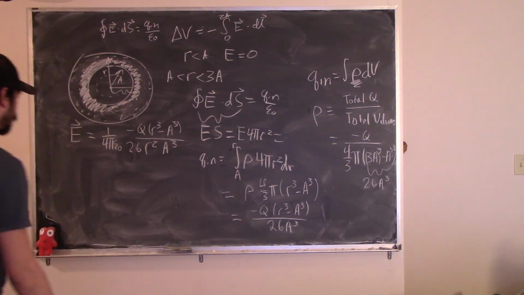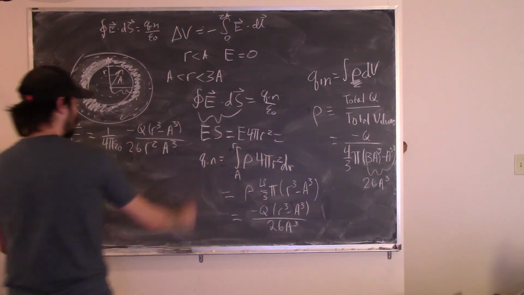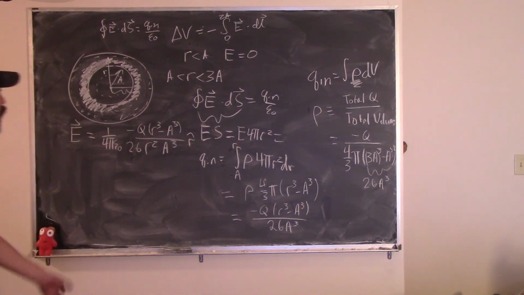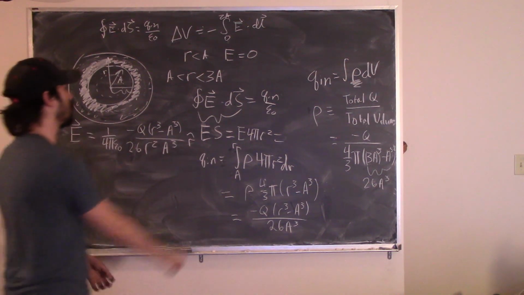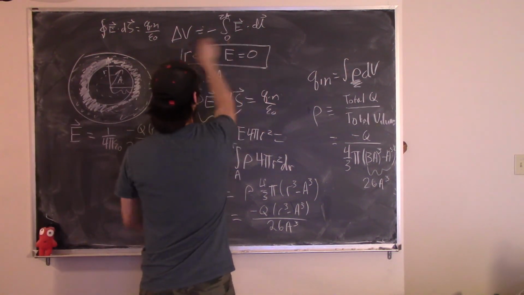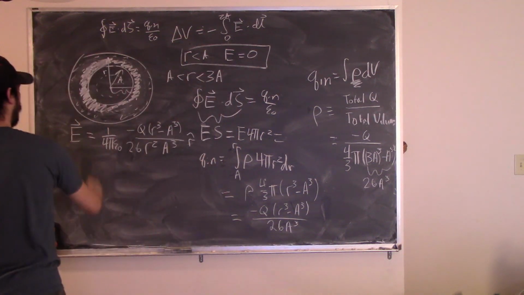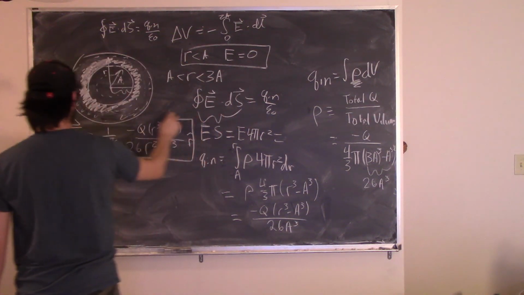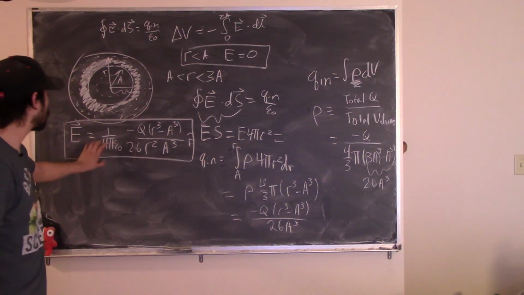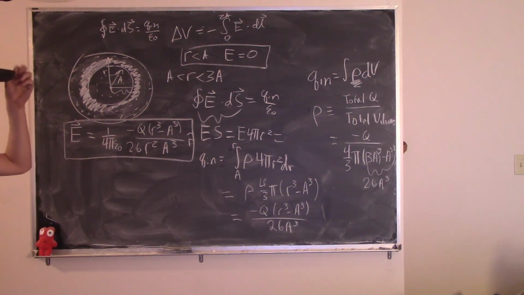Okay? And there's a unit vector here. So now we have our electric fields. We know in the region r is less than a, E is equal to 0. In the region r is between a and 3a, this is the electric field that we have.